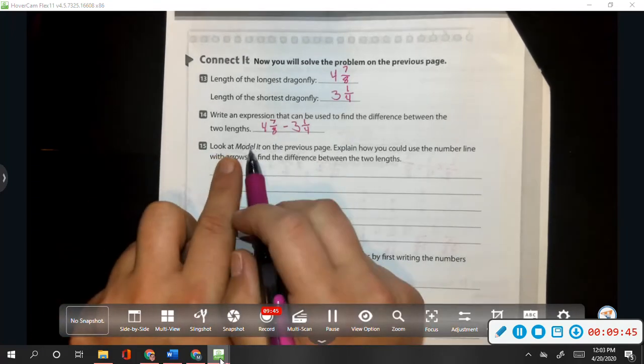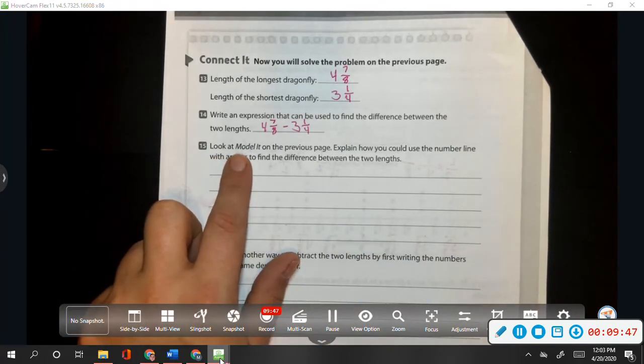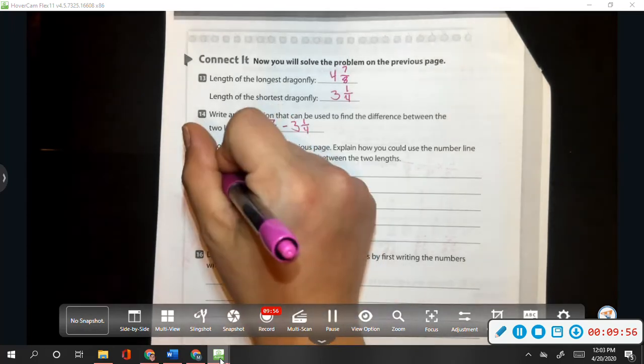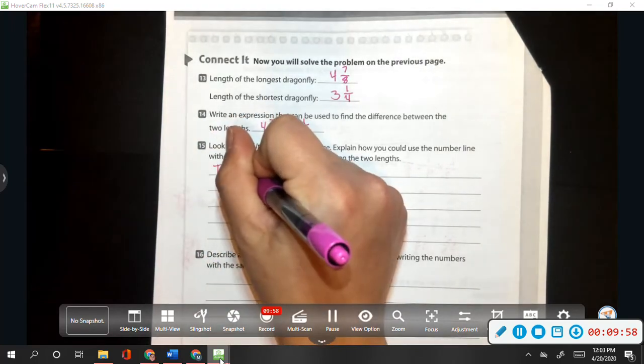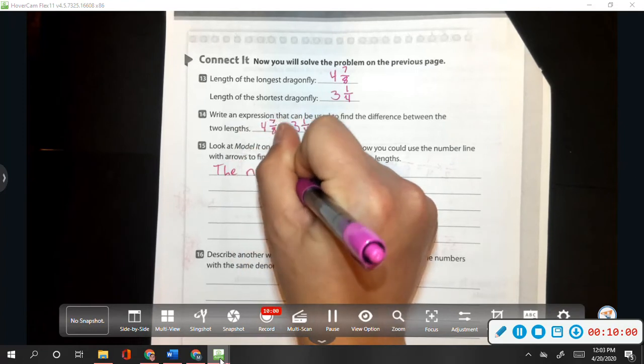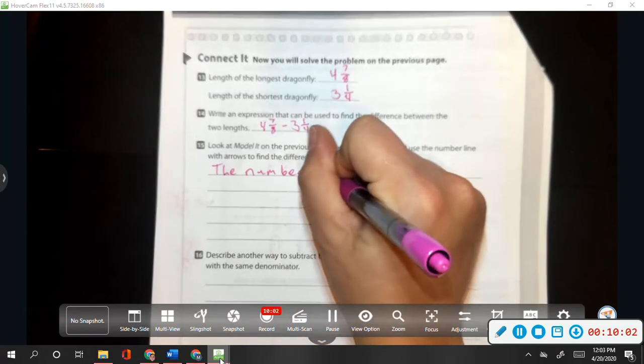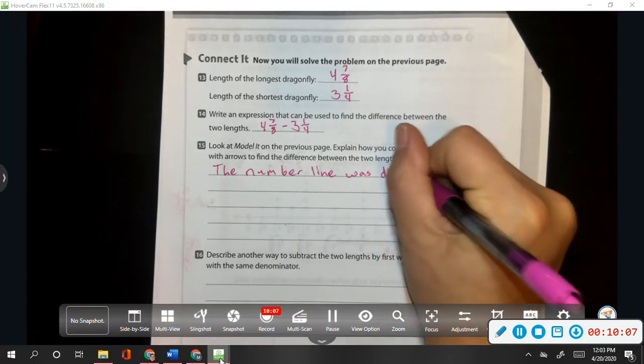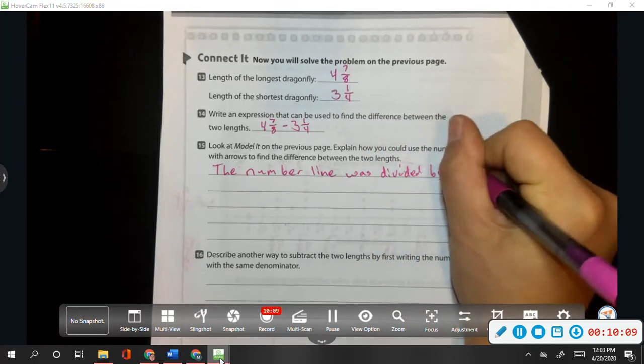If we look at the model on the previous page, it's asking us to explain how you could use the number line with arrows to find the difference between the two lengths. Well, we knew the number line was divided into what? Eighths. The number line was divided by eighths.